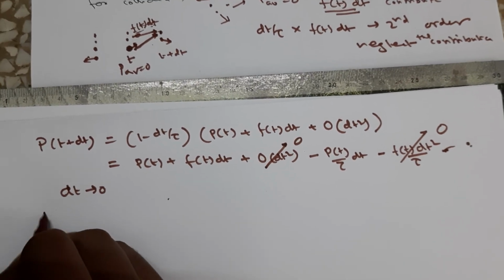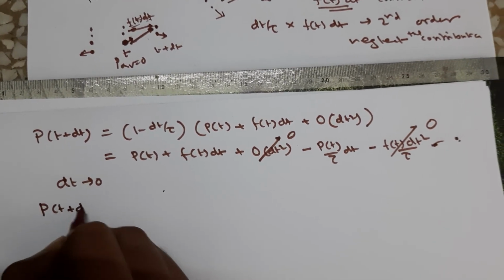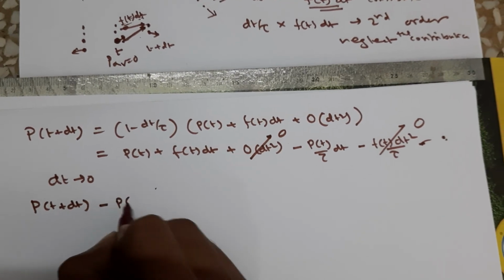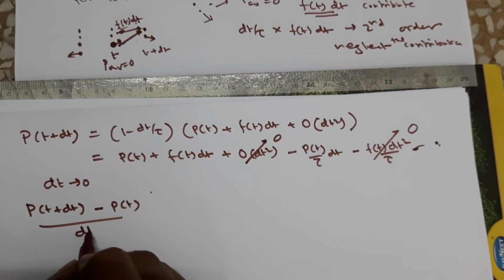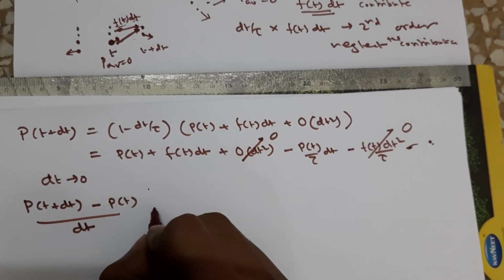We want to calculate p(t+dt) minus p(t) divided by dt, because we want to calculate dp/dt.